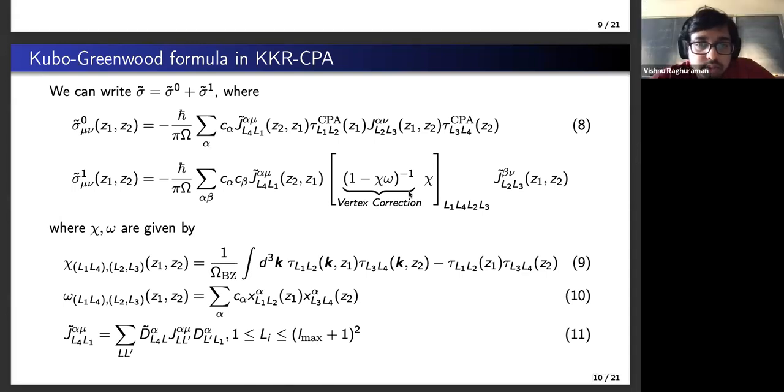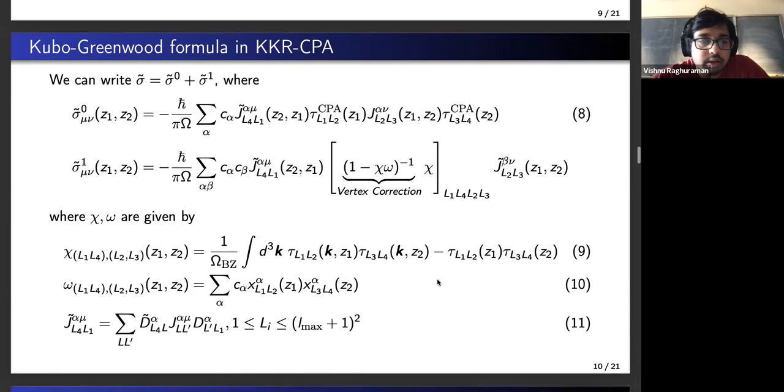So this is basically the expression that you have for conductivity. The most computationally intensive part of this calculation is calculating this chi matrix, which is the Brillouin zone integral of the two tau matrix product.